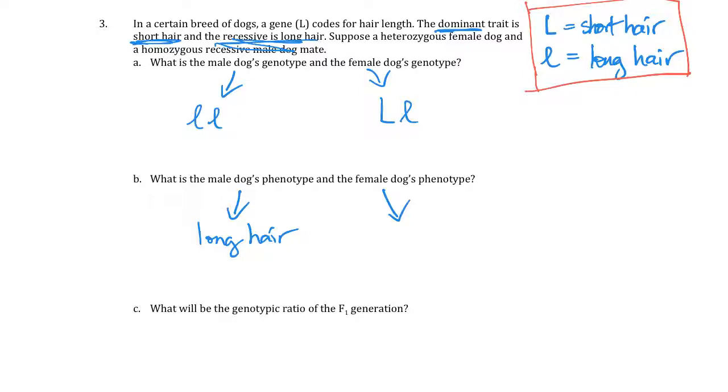The female dog's phenotype has to be short hair. But you can see by her genotype that she is a carrier for the recessive long hair allele as well. So there is a possibility that some of the offspring might have long hair because she is a carrier, and the male is also a carrier for a long hair allele.